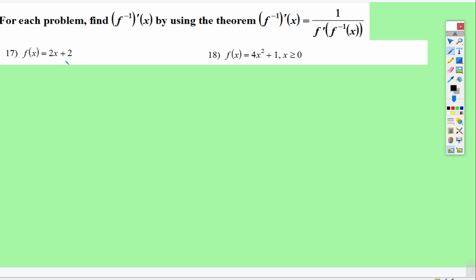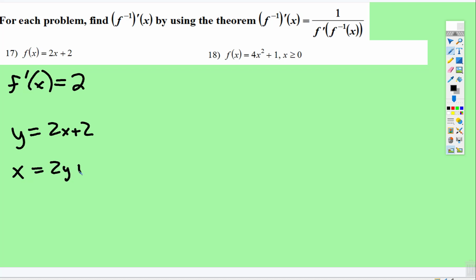So we have this linear function right here. The derivative of that linear function, well, the derivative of 2x is just 2. That's pretty easy. When we find the inverse, remember the steps, we swap the x's and y's. So if we start off with y is equal to 2x plus 2, we swap: x is equal to 2y plus 2.